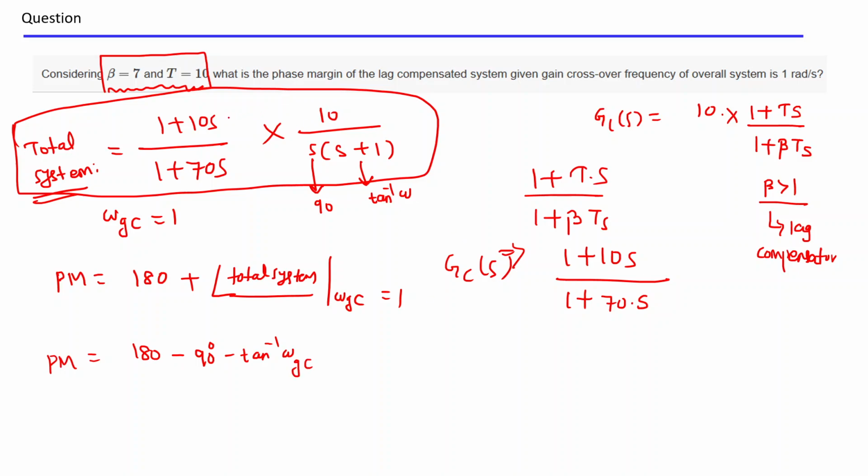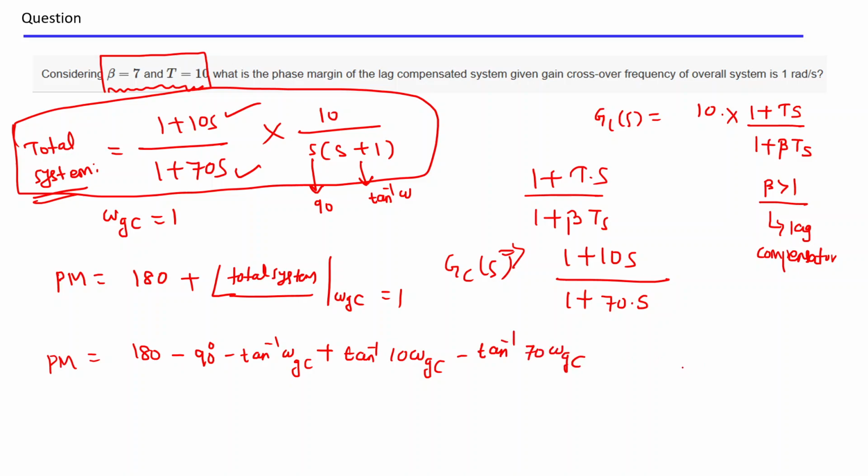Similarly, find it for 1 plus 10s and 1 plus 70s. 1 plus 10s is in the numerator, so it is tan inverse 10 omega gc. And 1 plus 70s is in the denominator; if you take it to the numerator it will be negative, so minus tan inverse 70 omega gc.